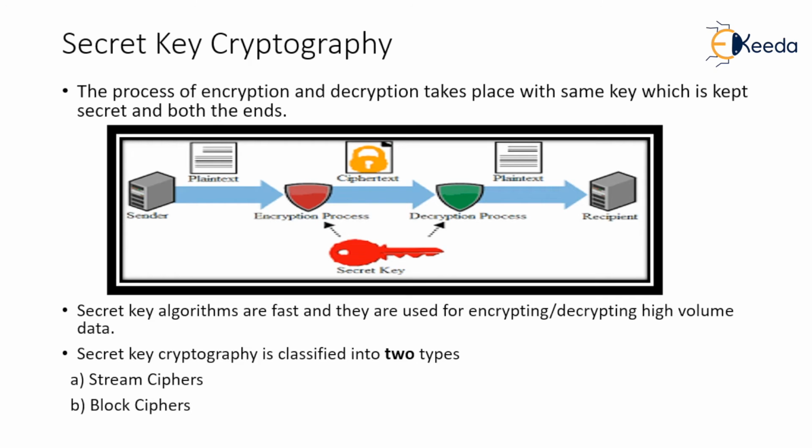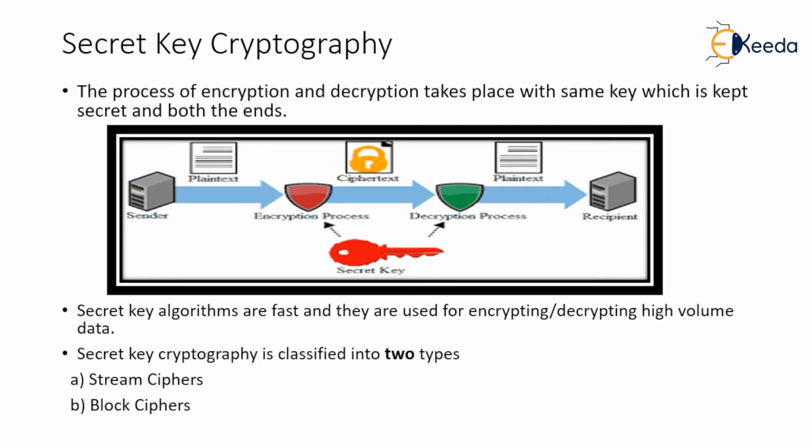Then that same secret key is used by the recipient to convert the ciphertext into the plain text. That is the decryption process. In the figure you can see the sender converting the plain text into ciphertext with the help of the encryption process, which requires a secret key.